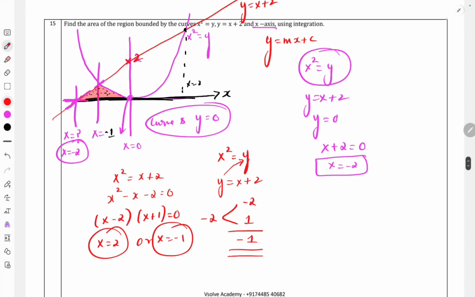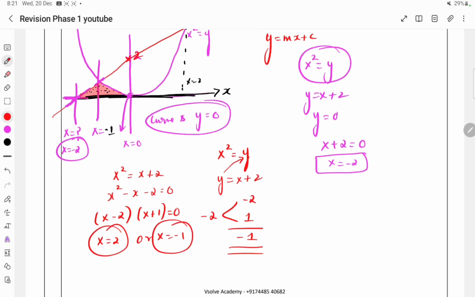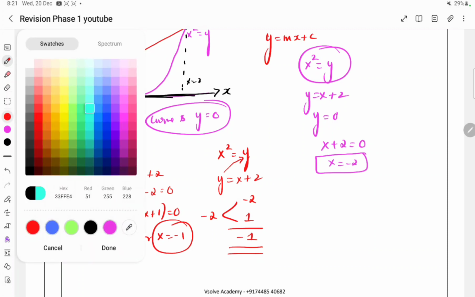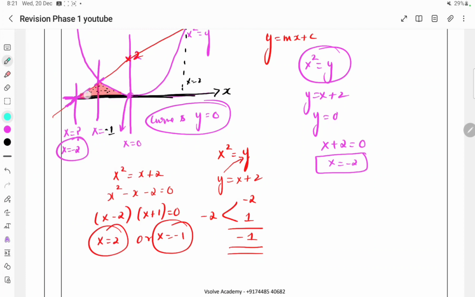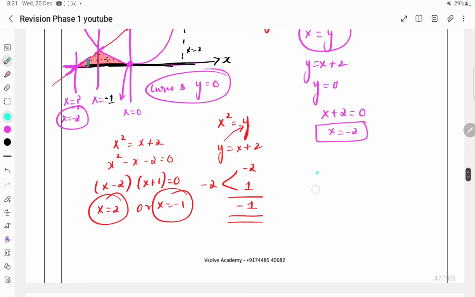Now, if we take one strip like this, I have to move the strip from x equal to minus 2 to 0. So minus 2 to 0 we have to move this strip. The strip keeps on touching the line equation till this point only, till x equal to minus 1.